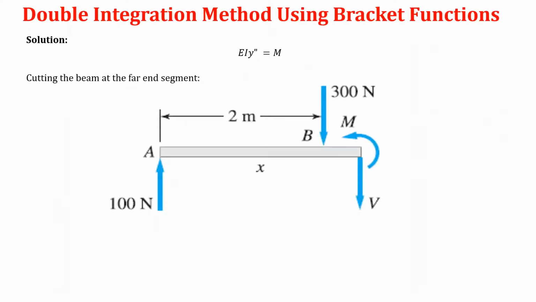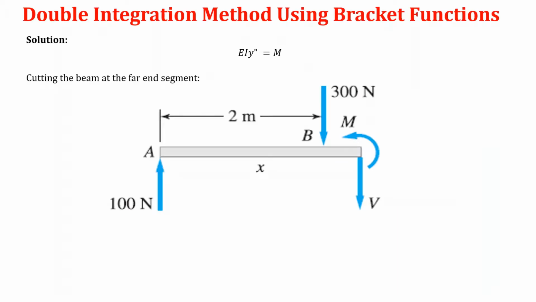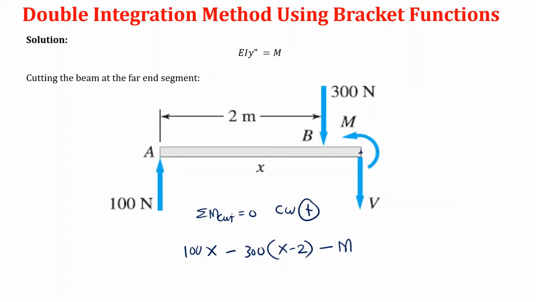Sum up moments. Moment about the cut is equal to 0. Say clockwise positive. So, 100 times x minus 300 times the moment arm about the cut, x minus 2, minus M equal to 0.